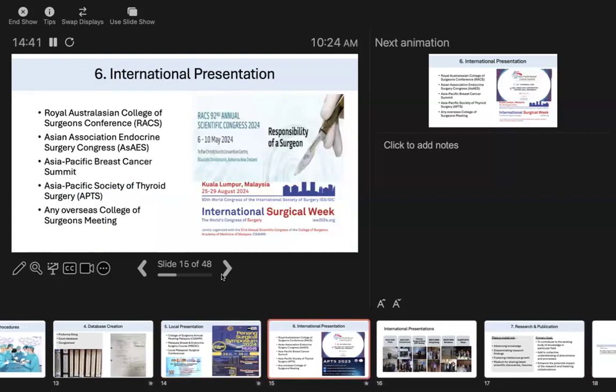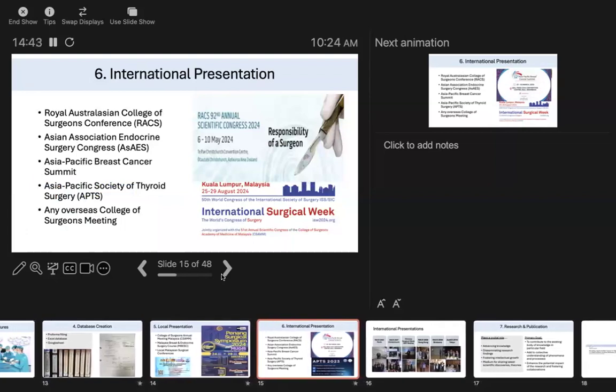And for international presentation, the most common one that we used to attend previously when we were doing our fellowship program in Putrajaya was the Royal Australian College of Surgeons meeting, RACS. The next RACS will be 6 to 10 May 2024, next month.